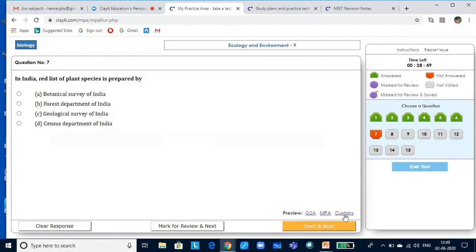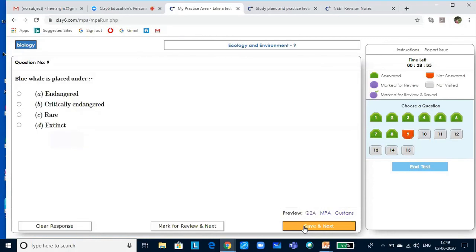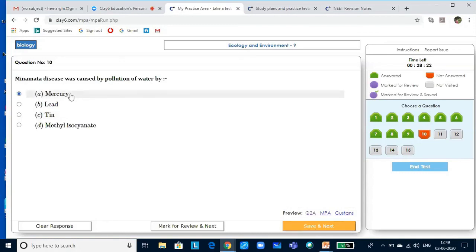In India, the red list of plant species is prepared by Botanical Survey of India. Diversity of habitats over total geographical area is what we call gamma diversity. Blue whale is placed under endangered. Minamata disease was caused by pollution of water by mercury.